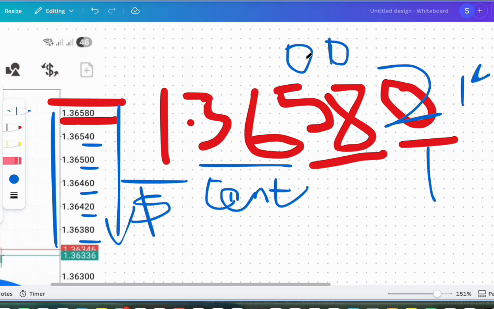If it counts 0, 0, it means it has counted 100 downward. What will become of this number 6? 5. Beautiful. You're getting it.